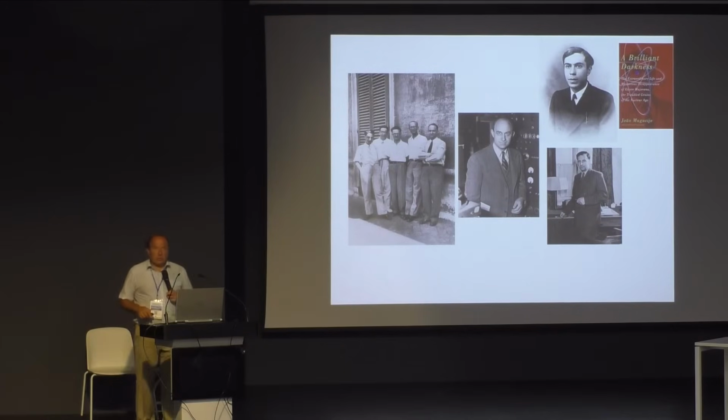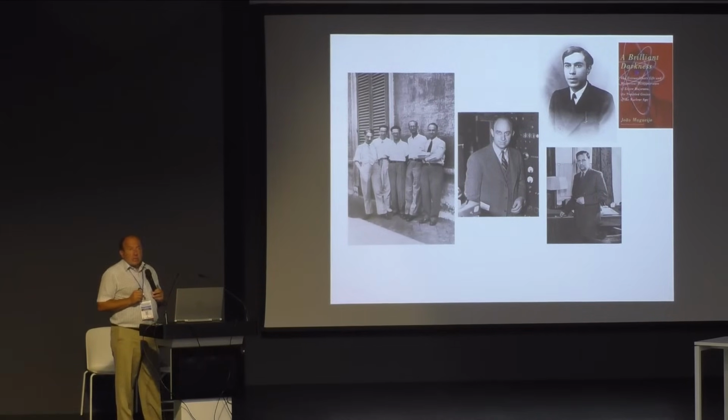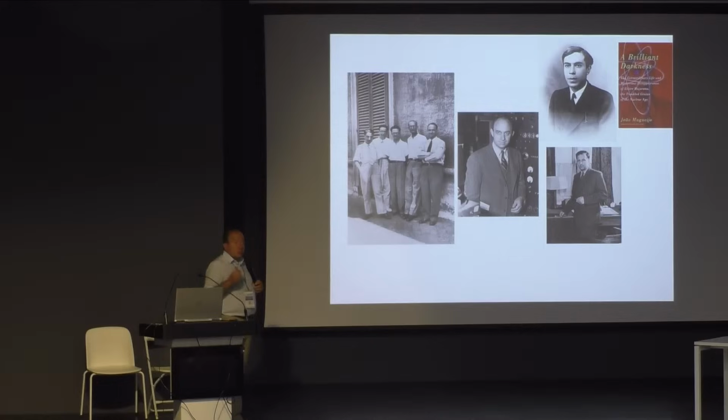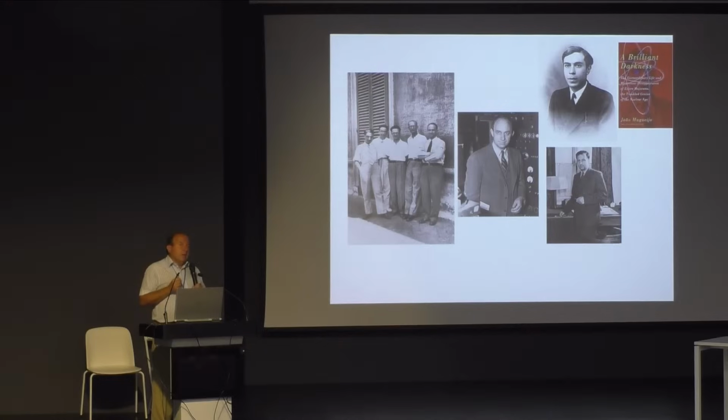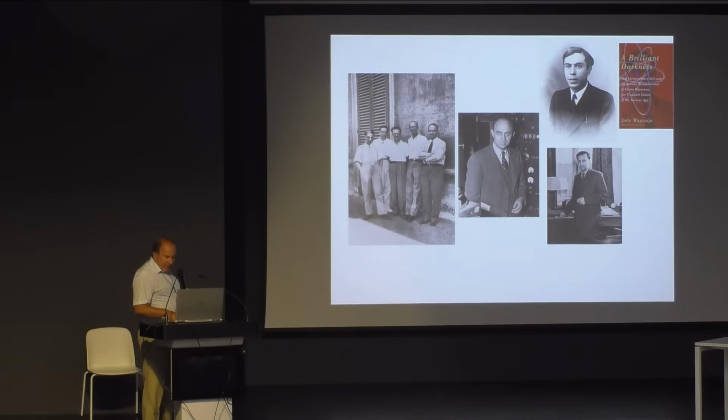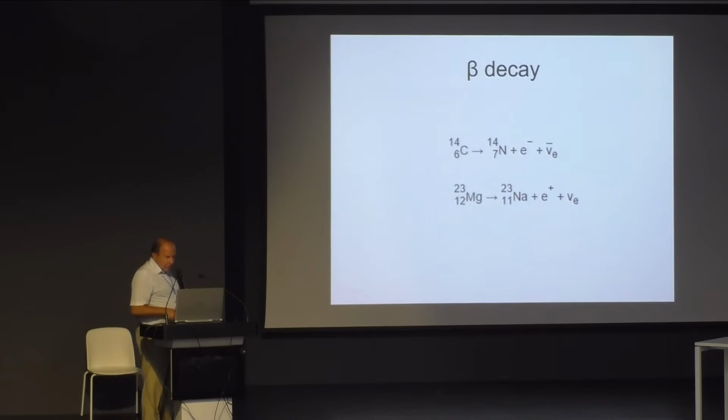I will come to his work later, because his work is directly connected with the oscillations of neutrinos. He introduced the oscillations of neutrinos, and he was also able to solve the solar standard model problem, as we will discuss. His name was Bruno Pontecorvo. So these are the key characters in the story.